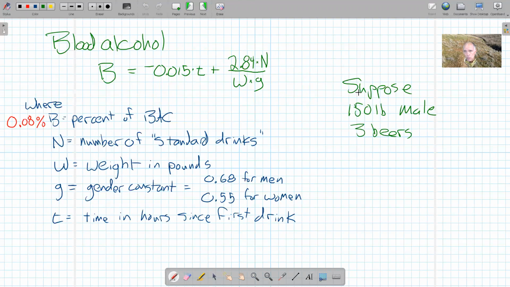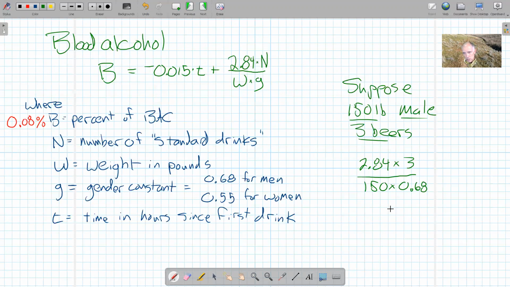And so suppose that we have a 150-pound male that has 3 beers. So for their fraction, they would have in the numerator 2.84 times 3. In the denominator, it would be 150 times their gender factor, which would be the 0.68. Now, you can't do fraction bars like this on a spreadsheet.